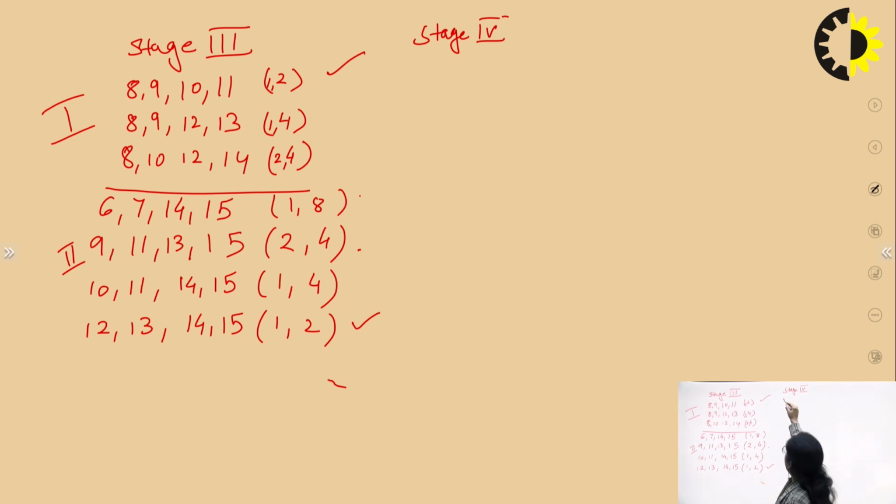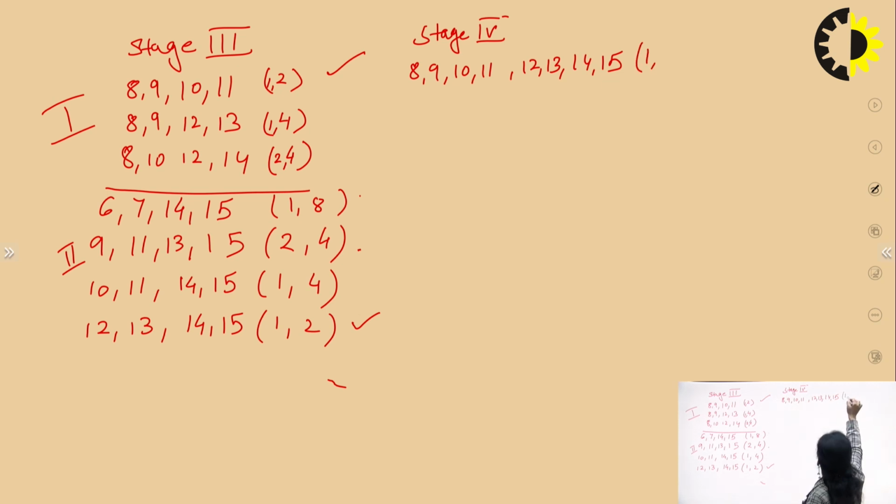So we will now pair 8, 9, 10, 11 with 12, 13, 14, 15. The difference will be 1, 2, 4. For 8 and 12 the difference will be 4, so now we will have a dash at the 4th position also.